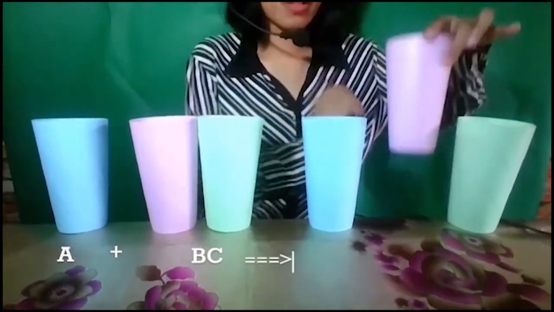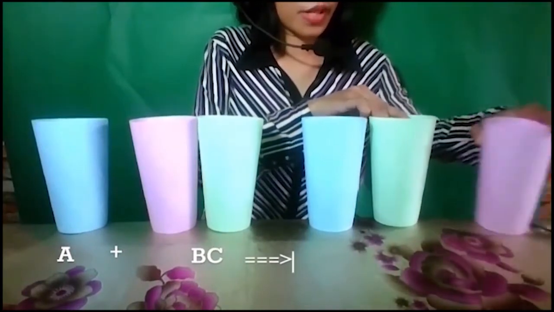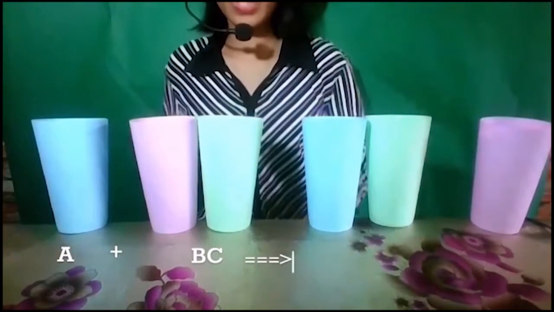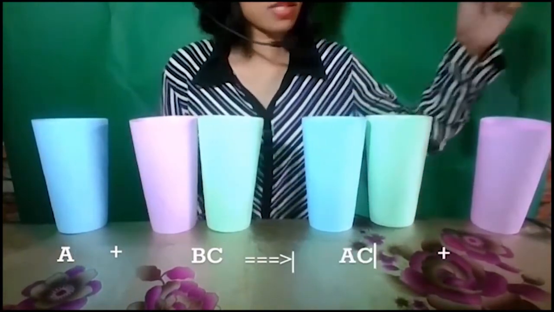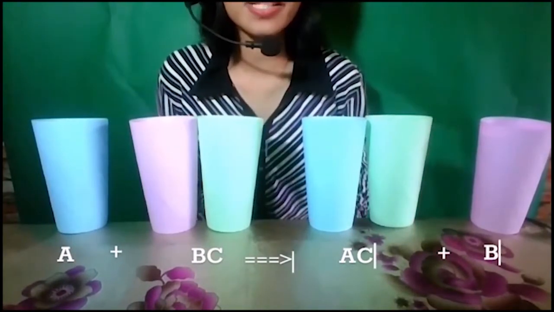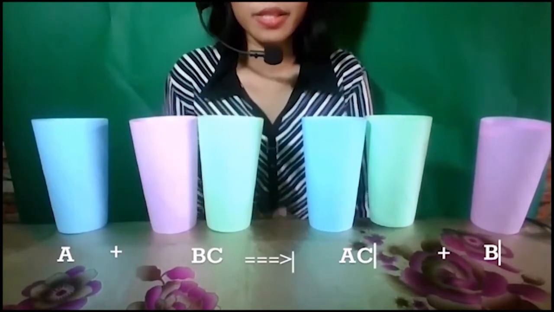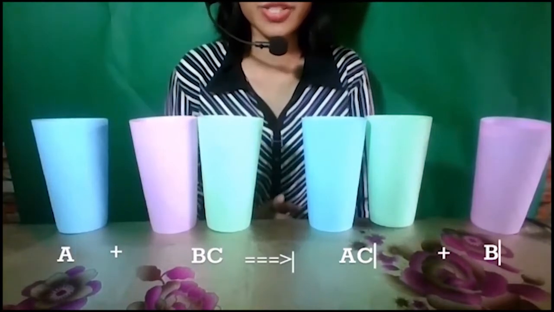Now element A is displacing element B, so it will now become AC plus element B. You remember, the more reactive element will displace the less reactive element. That is the single displacement reaction.